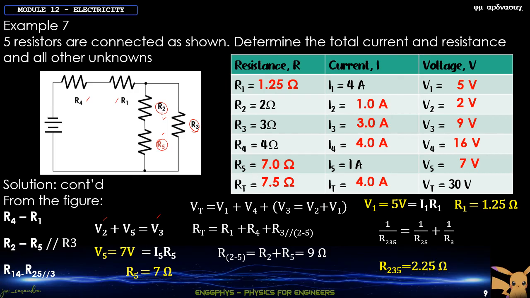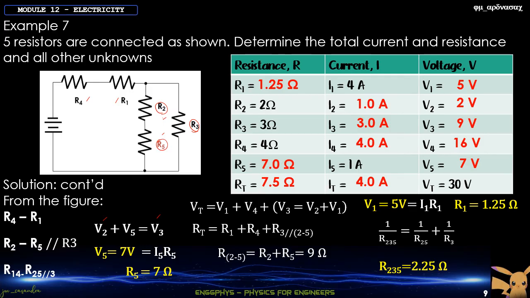So pag i-check natin yung ating resistance, dapat equal siya sa summation ng R1, which is 1.25, plus R4, which is 4, plus the equivalent resistance of 235, which is 2.25.